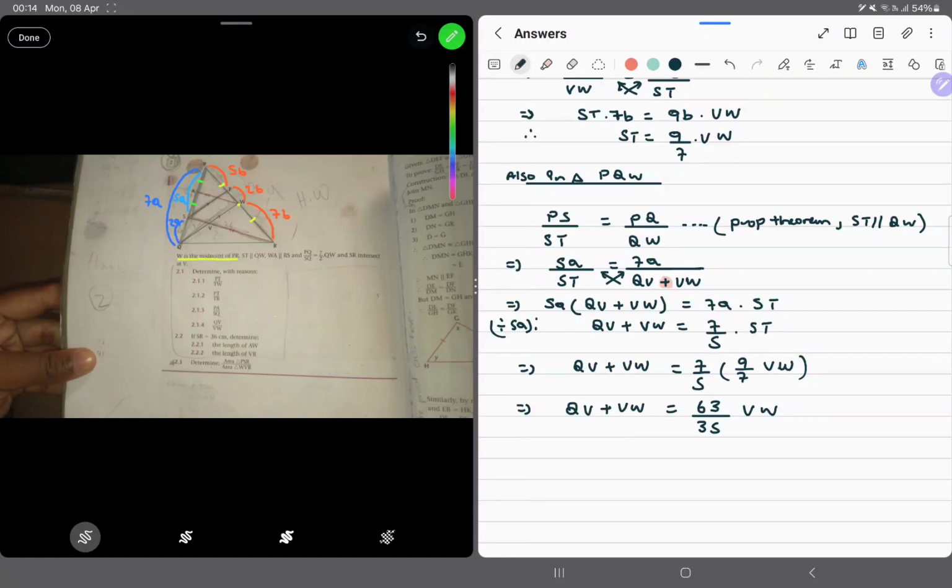Then VW. Now can you see we've got VW everywhere. So we can just decide to eliminate the VW because we know that we want the VW to be on the denominator. So we can divide here. Doesn't matter which side you choose to start, but what you do on the one side, you must also do on the other side. So this goes, and it leaves us the ratio that we want, is it not?